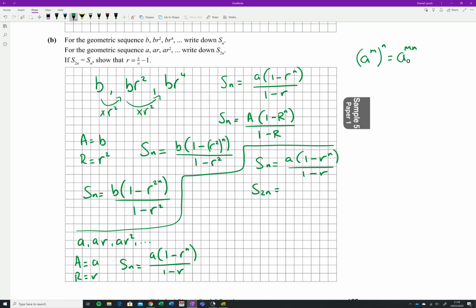So S of 2n, instead of n, we're just putting in 2n. So it's going to be A times 1 minus r to the 2n, over 1 minus r.